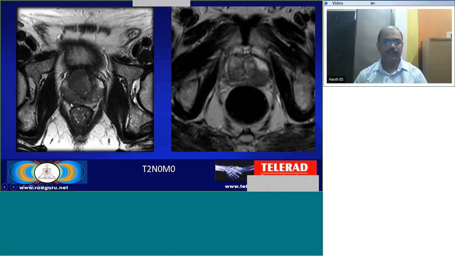So this is the case of T2 N0 M0 disease, wherein the tumor is confined to within the gland, and it appears as a hyperintense lesion in the peripheral zone. The central zone is spared in this condition. There is no extracapsular extension of the tumor in this case.